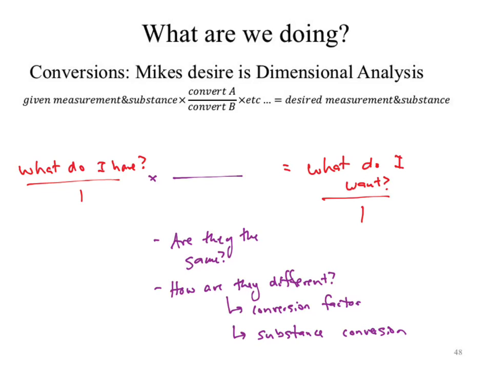The question then becomes, if it's the substance, well, what do I want over what do I have? By answering those questions, I can now place units into that conversion factor. The placement of those units will now allow me to say, is this a conversion factor that exists?